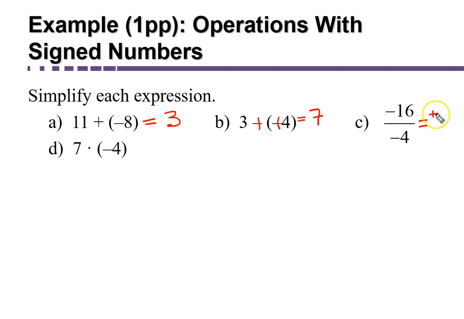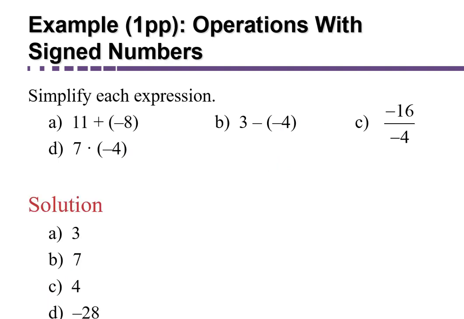We don't write the positive. And 4 goes into 16 4 times, so positive 4. Now here we are multiplying unlike signs. So a good thing to do is check what your end sign will be, negative, and then 28. And there are the answers.